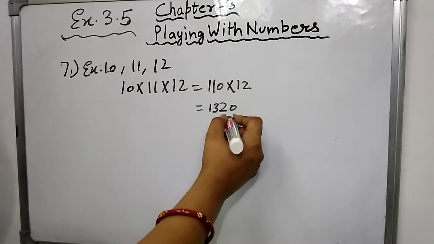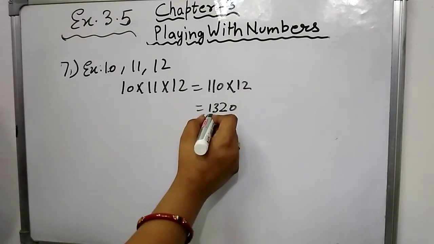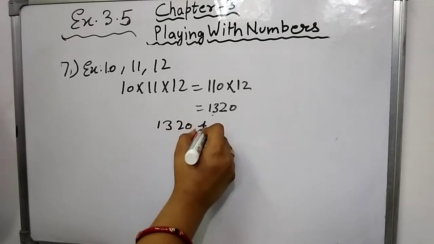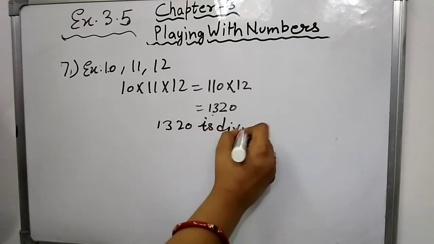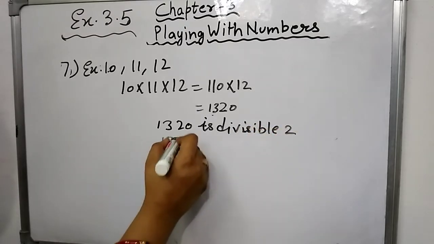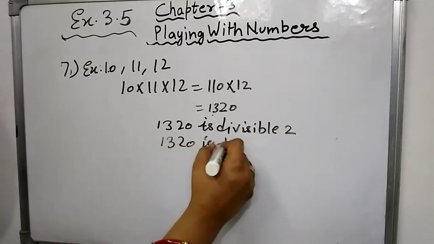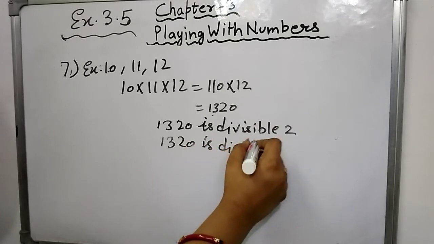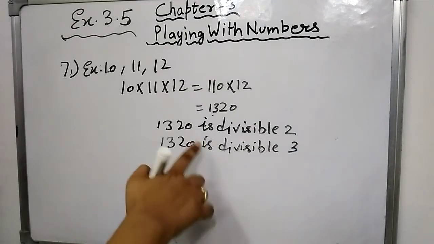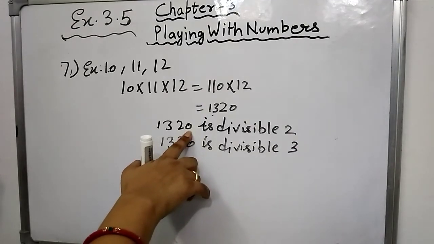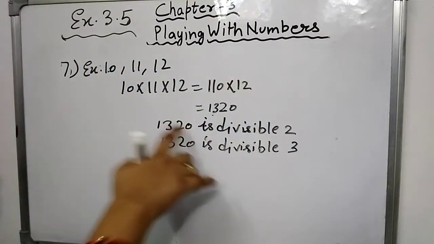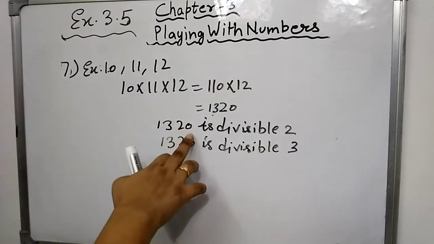Divisibility by 6 can be checked by checking if it is divisible by 2 and 3. 1320 is divisible by 2, because at the units place there is 0, and 0 is considered an even number.